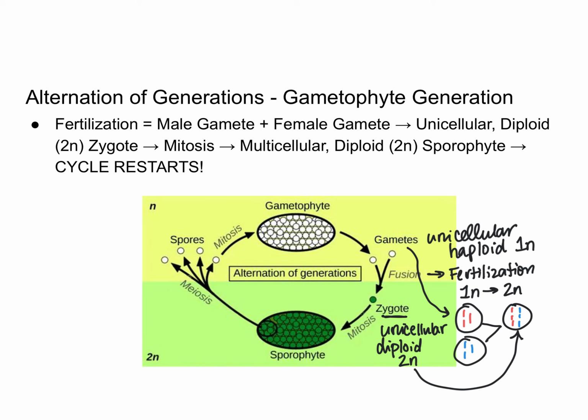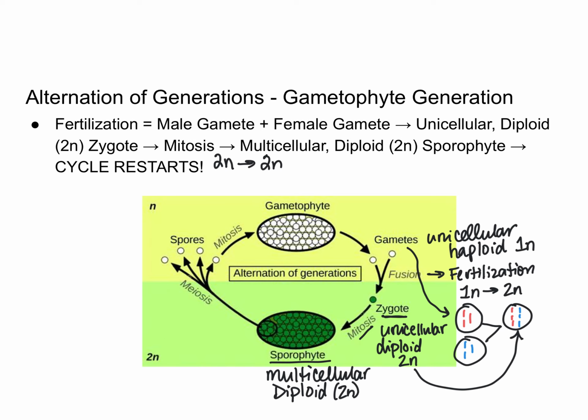Now that zygote is going to go through mitosis. And remember, with mitosis, now we're starting with a diploid zygote. And so all of the cells produced by the zygote going through mitosis also have to be diploid. And ultimately, it forms the sporophyte, which, remember, is multicellular. And the cells in it are diploid.